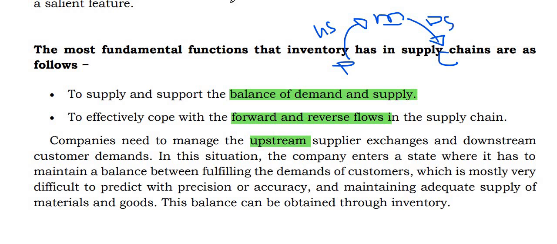Okay. So in this situation, the company enters a state where it has to maintain the balance between fulfilling the demands of the customer, which is mostly very difficult to predict with precision or accuracy, and maintaining adequate supply of materials and goods. So without this network na na-discuss na natin, hindi natin malalaman kung magkakaroon or ilan ba yung demand ni mismong customer.